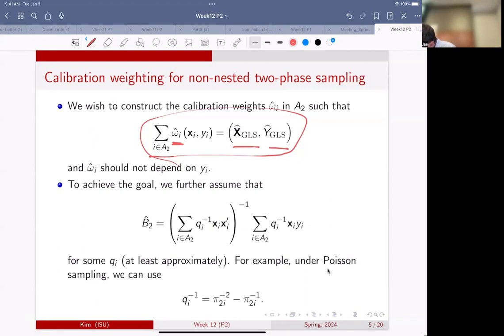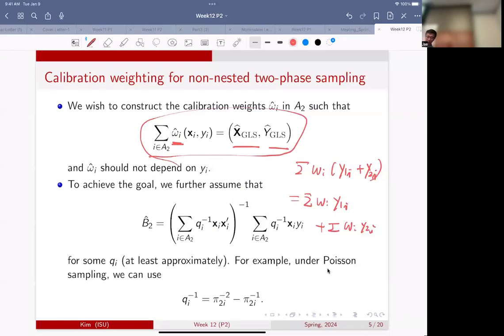Because at the end of the day, we want to achieve some internal consistency. We want to achieve something like this, right? But if the weight depends on Y, we don't have that.